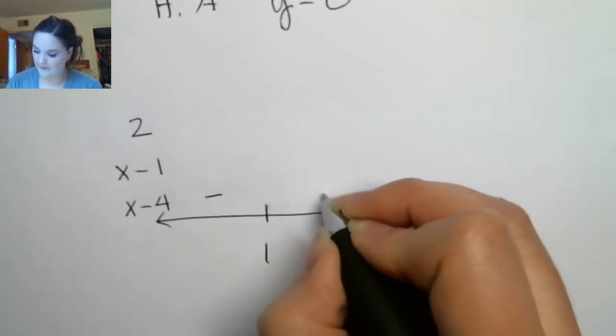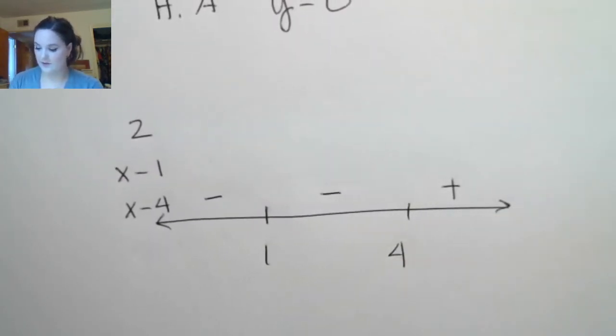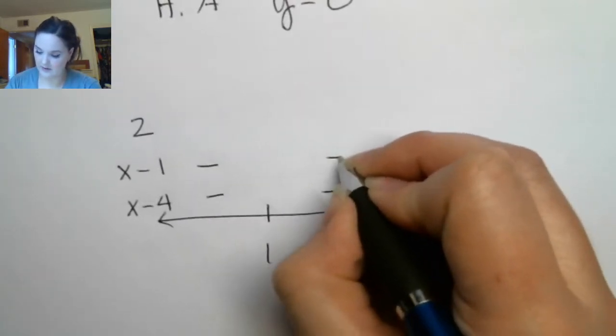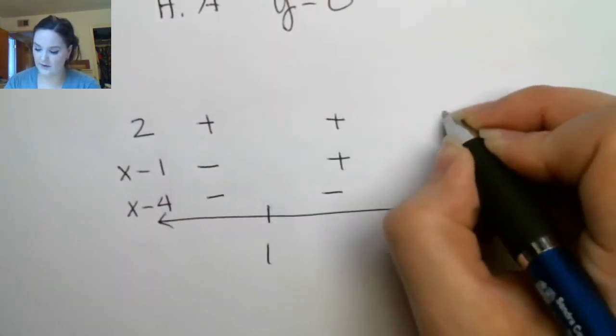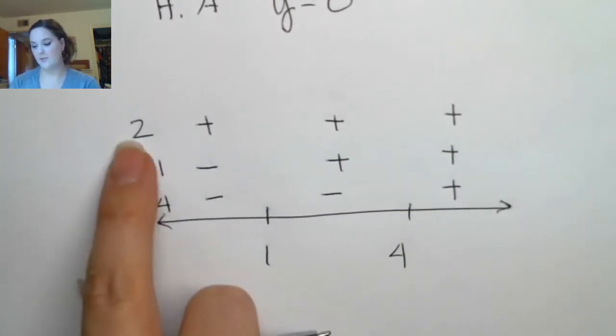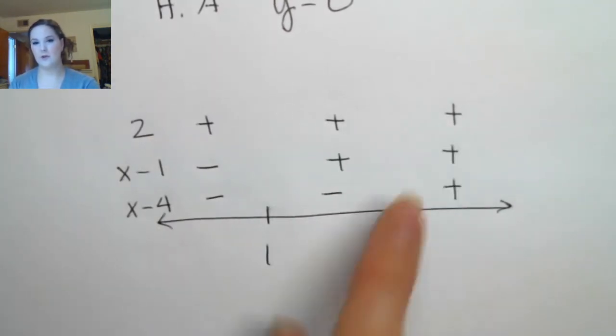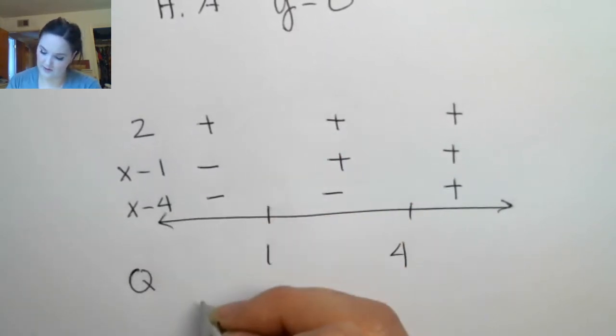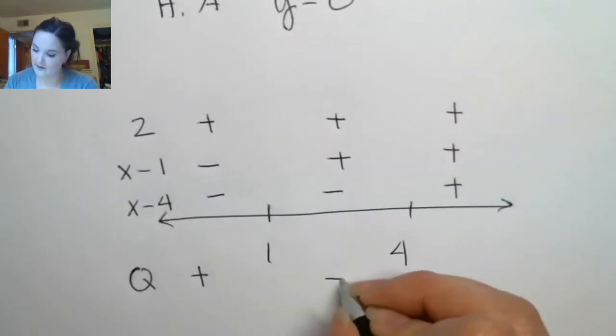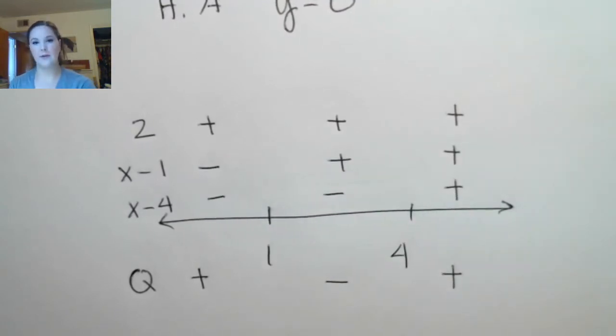I'm going to assume you remember how to fill this out. Remember when you have a constant, you're just putting the sign of that constant. So because 2 is positive, you just put positive. And for the quotient, 2 negatives and a positive is positive, negative, positive.